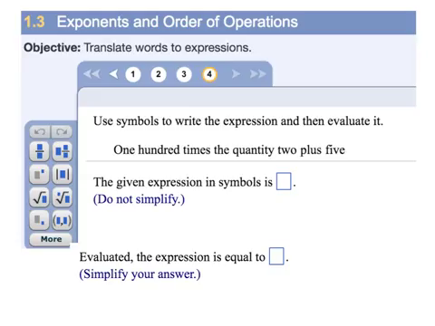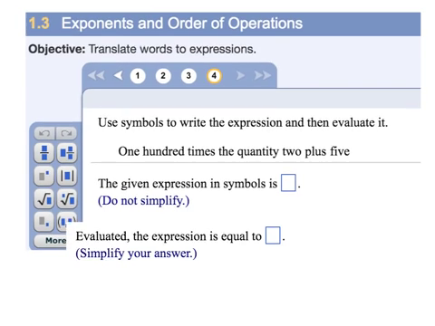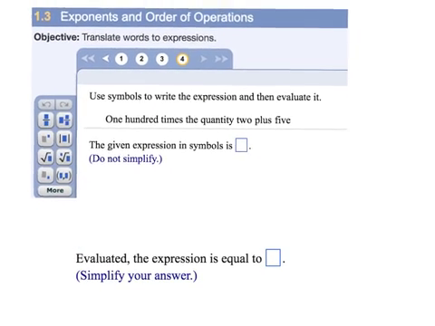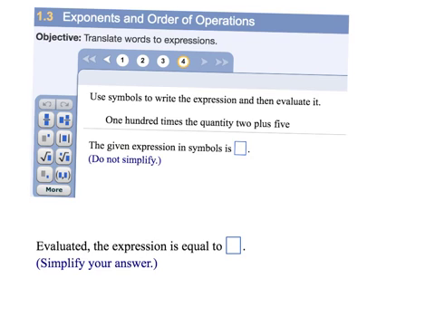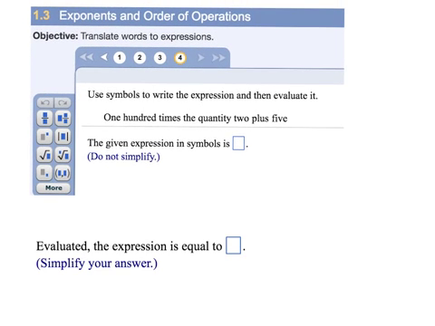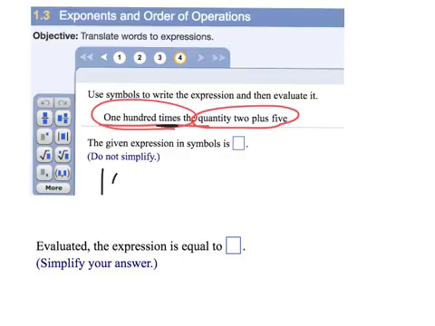And the last problem, it says, let's see, there we go. It says 100 times the quantity 2 plus 5. So 100 times, that's pretty straightforward, right? That's going to be 100 times, okay?